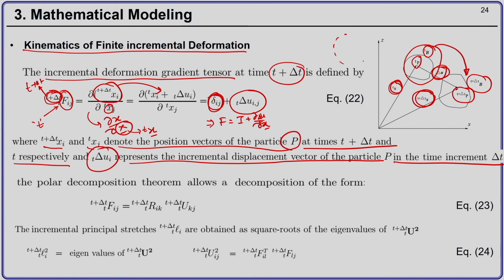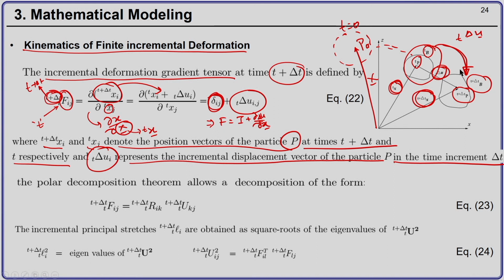Remember, the initial configuration may be at time t equal to 0, may be somewhere here, that may be p 0, and we started with t equal to 0 and we have reached t where we know everything. Now, we want to go from t to t plus delta t. So, this displacement delta u is actually the displacement from t to t plus delta t.